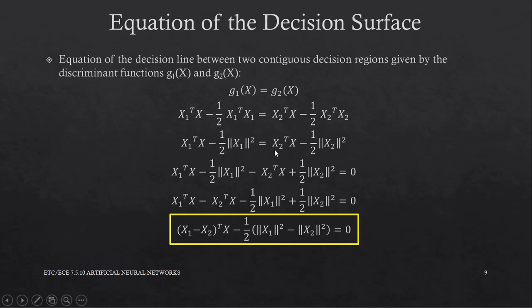We take the minus half common and x common, and we finally get this equation, x1 minus x2 transpose x minus half of norm of x1 the whole square minus norm of x2 the whole square equals 0. This is the equation for the decision surface between two decision regions represented by the prototype points x1 and x2.